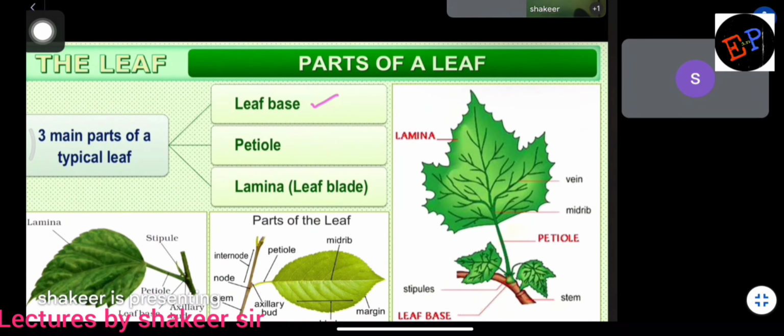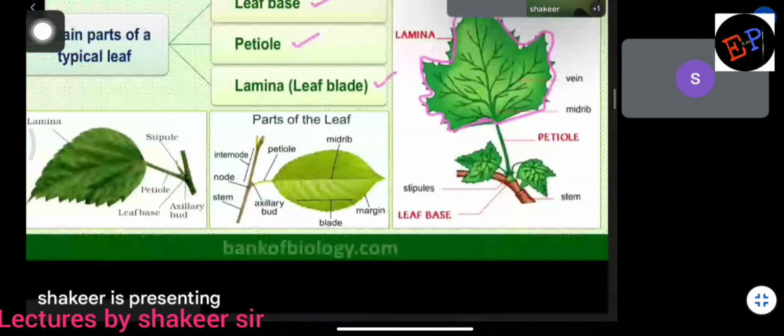And to the leaf base, what is attached? The petiole is attached, and to the petiole, the leaf blade will be attached. And this total area of the leaf, you can call it the lamina, or the leaf blade also. Are you able to understand? So these are the three main parts into which we can divide a leaf.